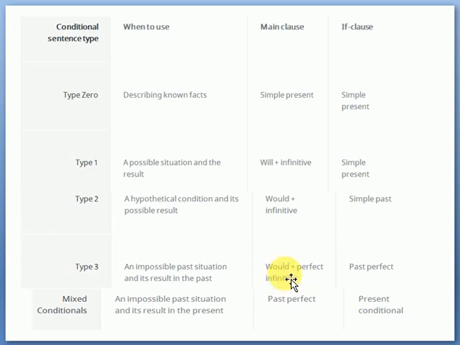So that makes use of would, should or could plus have plus the past participle, and in the if clause it makes use of the past perfect.